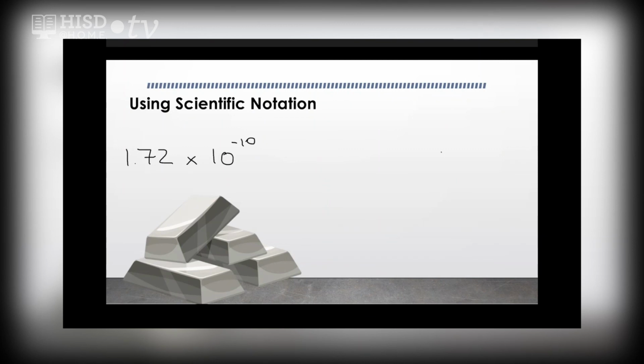So let's start. I'm going to have the number 1.72, and I'm going to move this decimal 10 times to the left. So I'm going to start 1, 2, 3, 4, 5, 6, 7, 8, 9, and 10. And this is going to be my new decimal point.